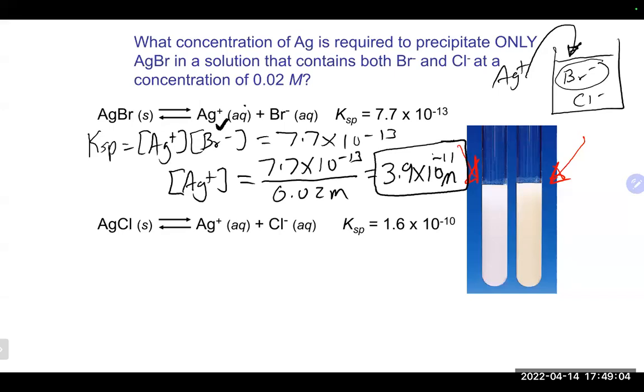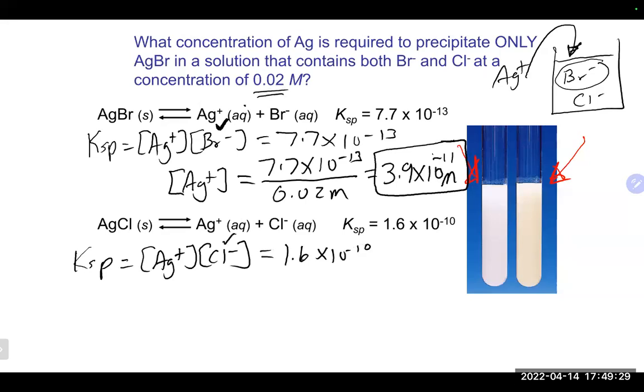Now, what we want to also know is, is that enough to take out the chloride at this point? So we could do a similar calculation using the Ksp for silver chloride on the bottom here. Ksp would be our silver concentration times our chloride concentration, and that equals 1.6 times 10 to the minus 10. Again, the chloride concentration is also 0.02, so we could do pretty much the identical calculation.